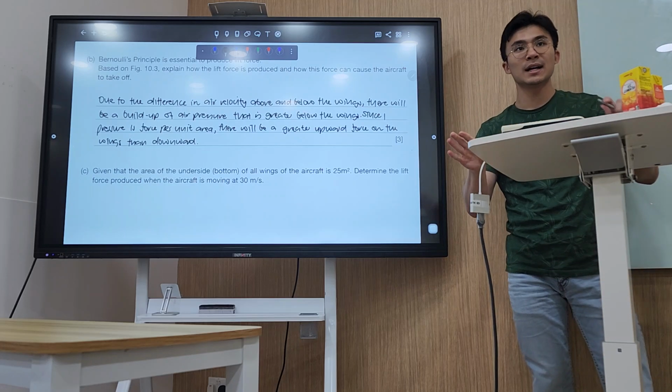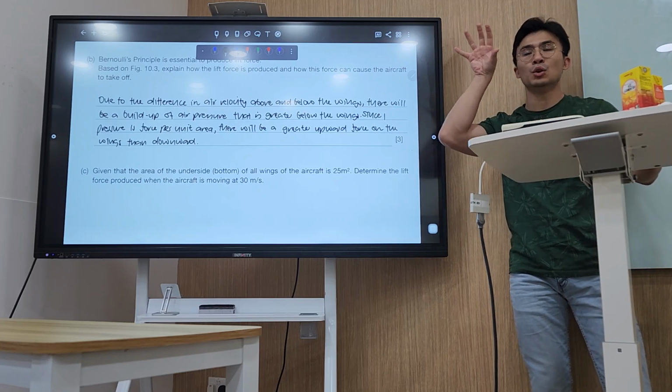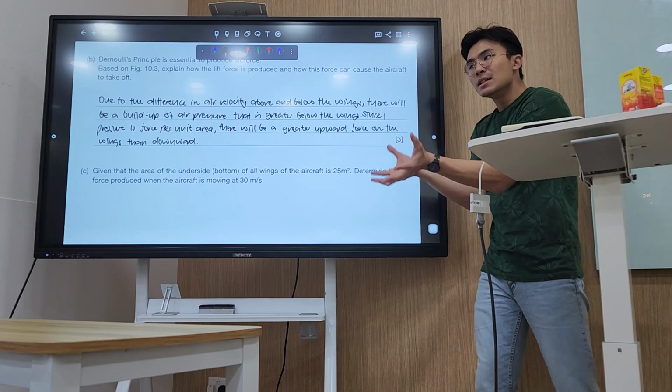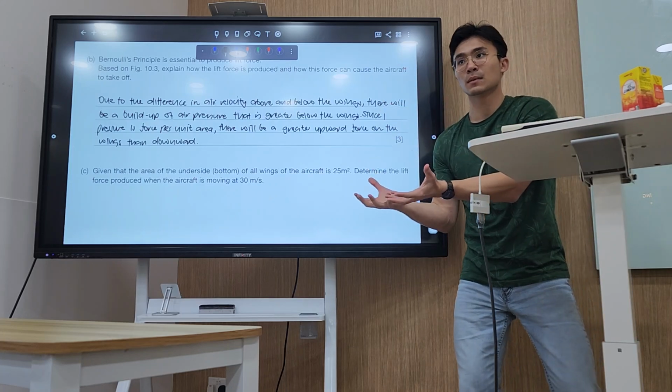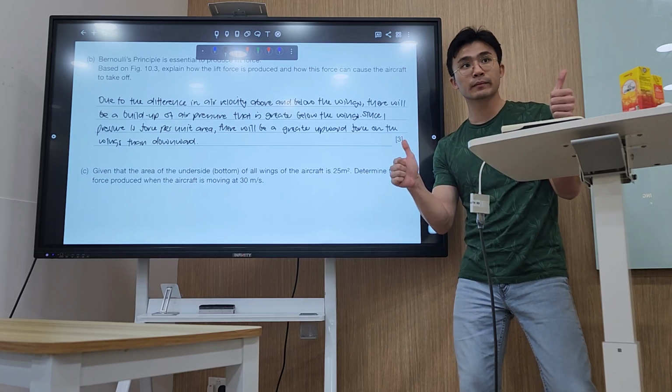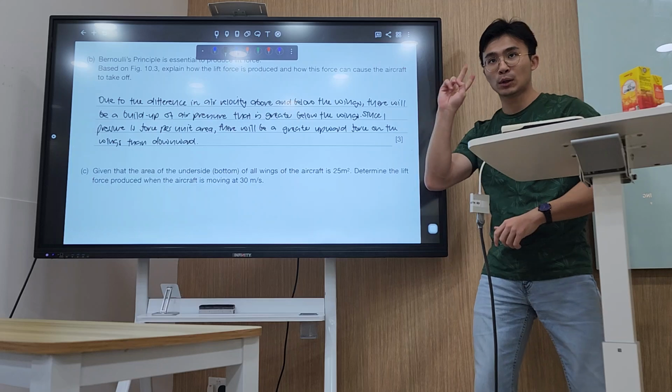Don't get me wrong, guys. The air pressure on top of the wings also generates a downward force, but the air pressure underneath is just bigger, so the force is bigger. If you write like that, you get 2 marks.